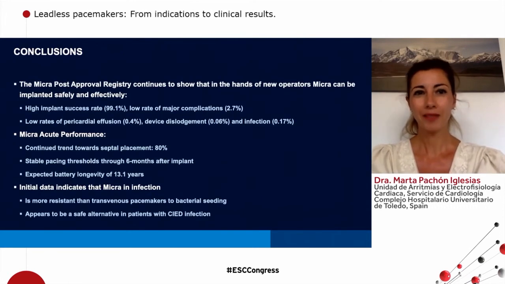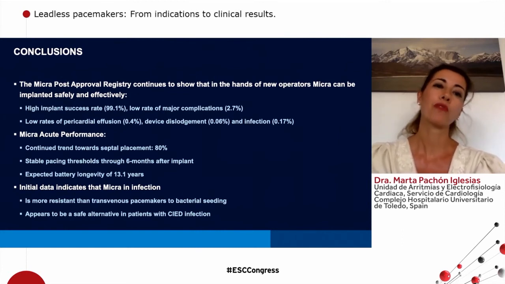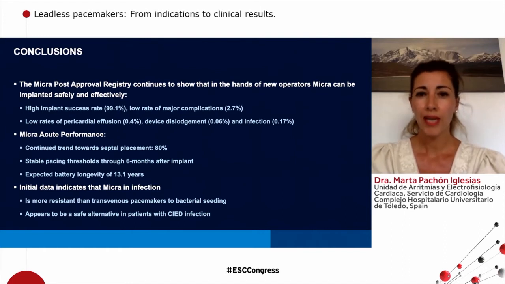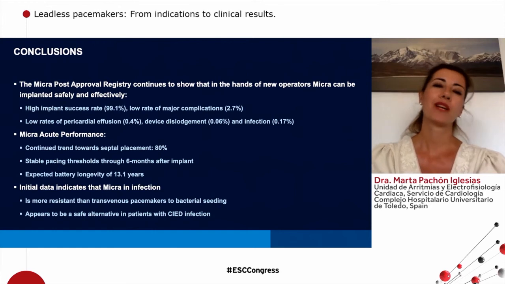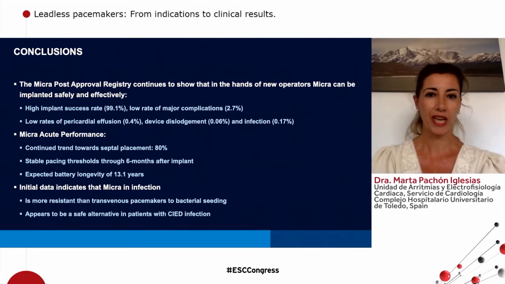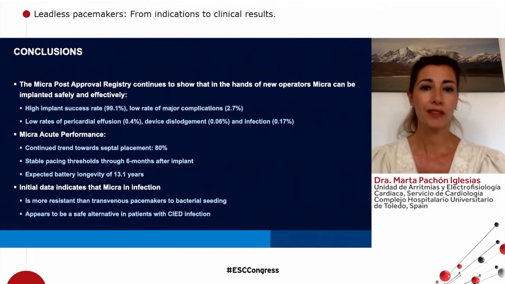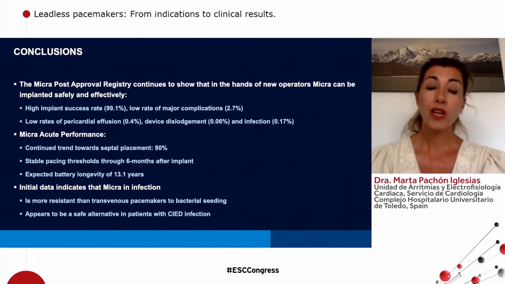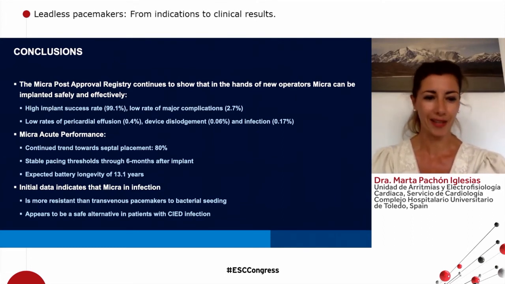So finally, in conclusion, the Micra post-approval registry continues to show that in the hands of new operators, Micra can be implanted safely and effectively with a very, very high implant success rate and a very low rate of major complications, very low rate of pericardial effusion, device dislodgement, and infection. This real-world data reinforces the positive results seen in the IDE study.